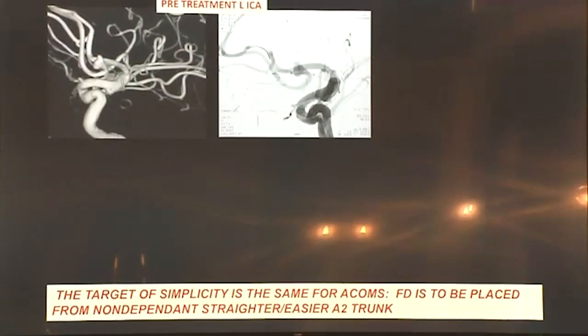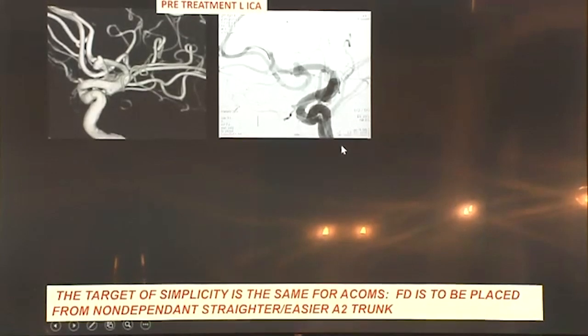It also applies to the ACOM region as well. The target of simplicity is the same for ACOMs. In this talk, I only included the ACOM, which means the real ACOMs plus A1, A2 junction aneurysms, not the A1s or A2 and distal.